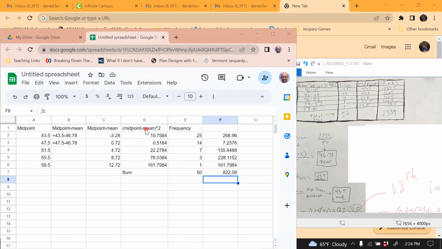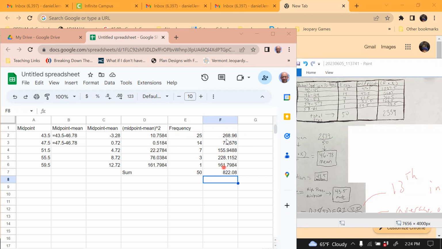Then we square each of those differences. Normally we just add up those squared differences, but there are 25 numbers in that bin with the same calculation, and 14 numbers in the next bin with that exact same calculation. So I took those squared differences times the frequency and got these numbers.